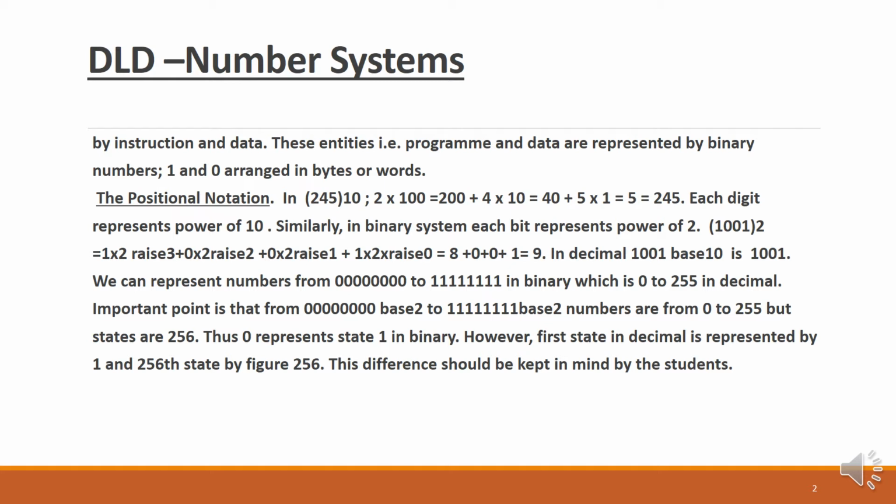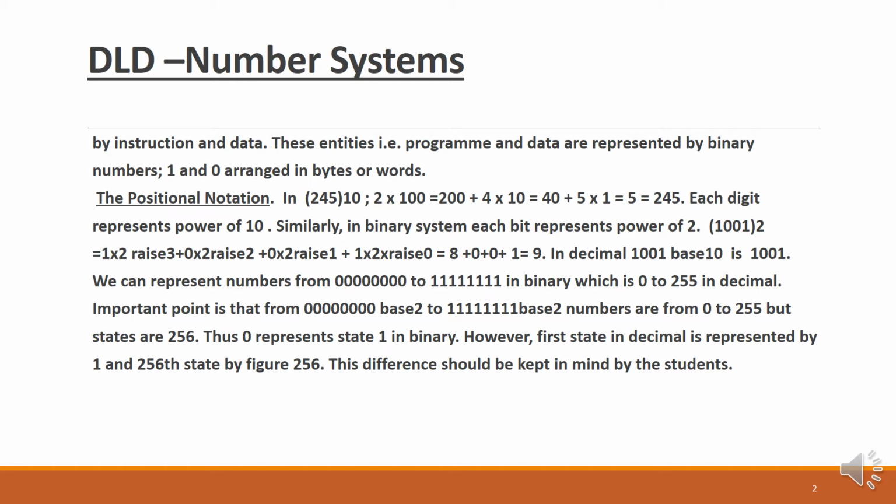Now each digit of 245 represents a power of 10, and that is the position. For example, 2 is at position 2, 4 is at position 1, and 5 is at position 0.